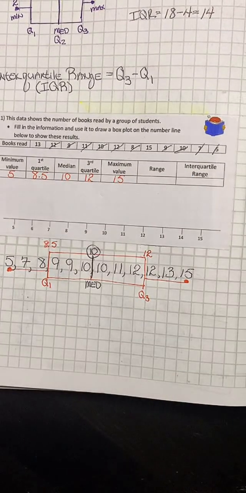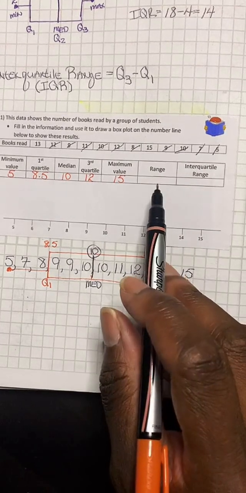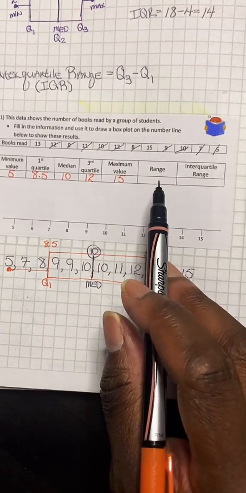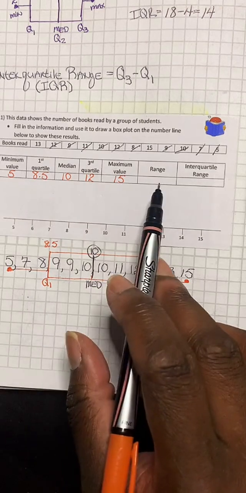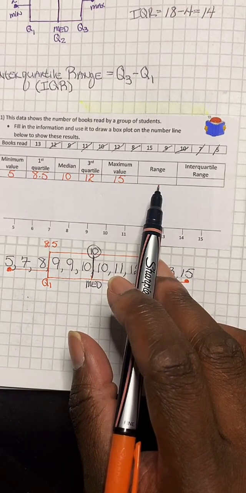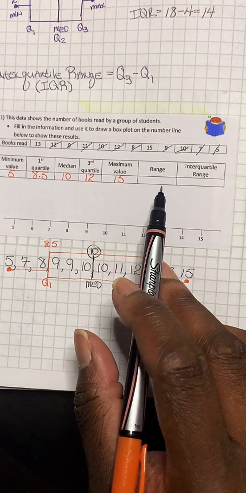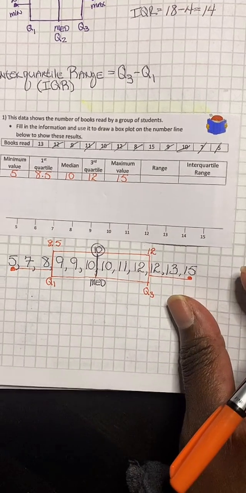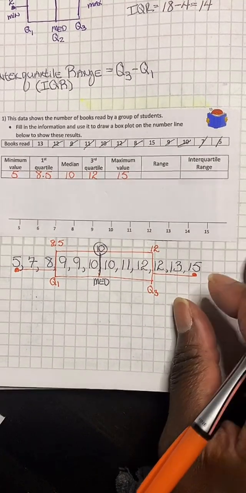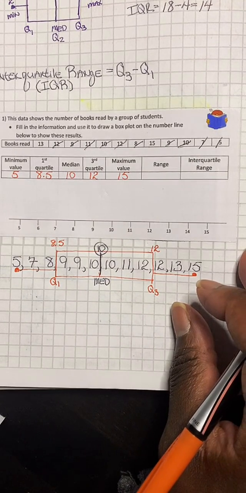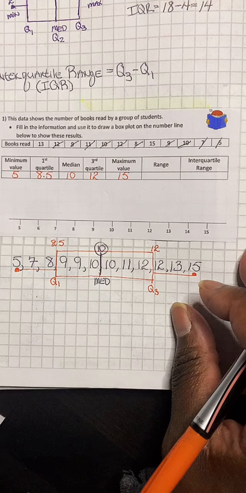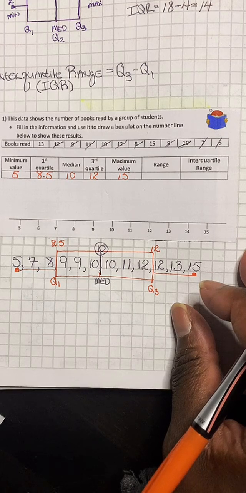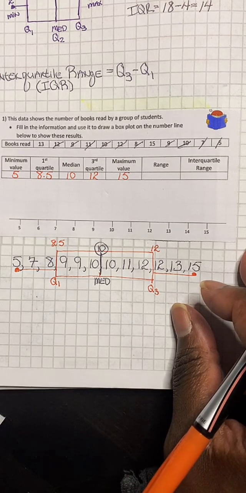So now from here, what will be the range of my data? Of all this data set, what would be the range of the whole thing? Go ahead, put that in the chat. Okay, 10. 10. 10. Remember, question marks are answers too.